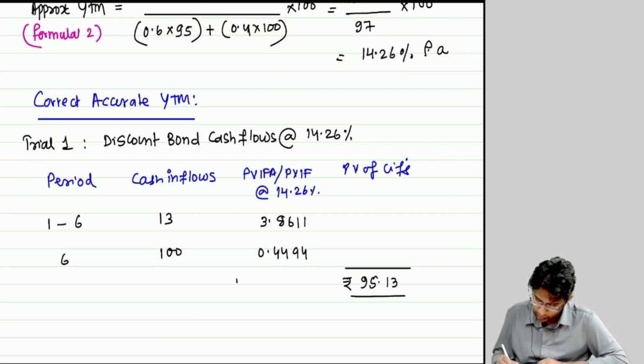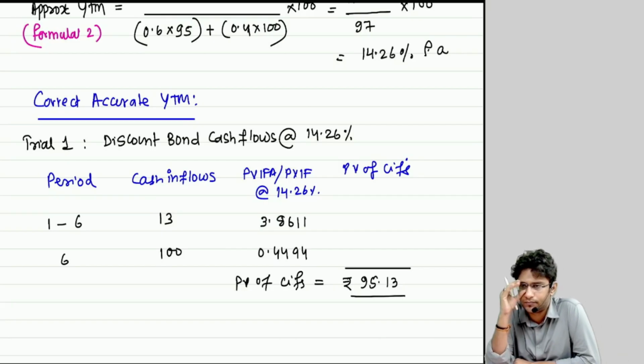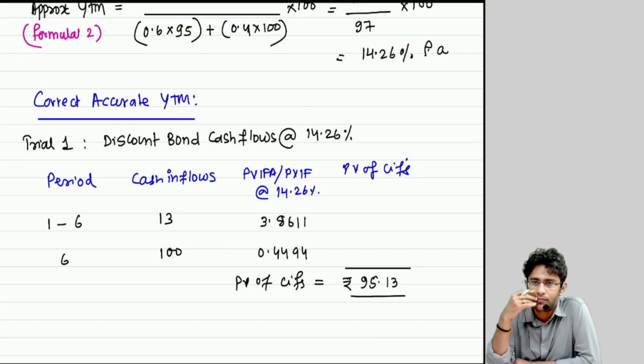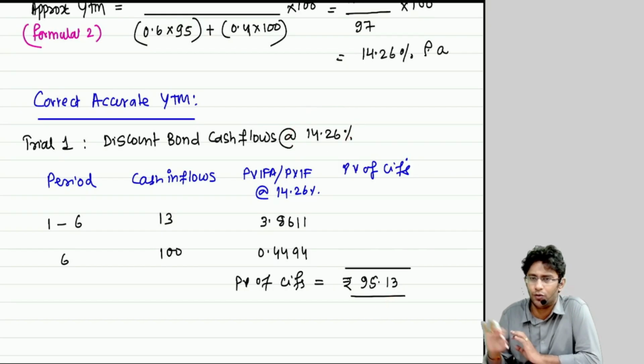Sir, I got PV of cash inflows equal to 95.13. What is the actual market price of the bond? This is the question. 95. How much did I get? 95.13. Almost it is 95 only, no? You can say that this is almost equal to the current market price of the bond, and therefore this is your final IRR. You can close like that.